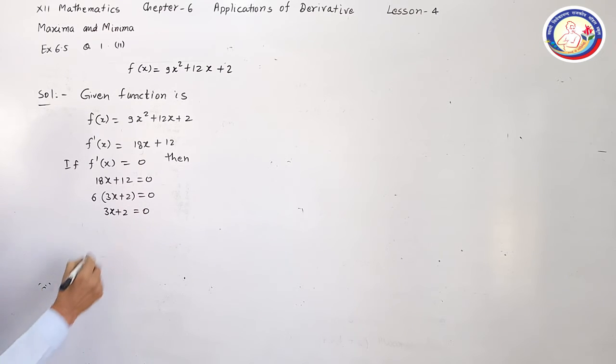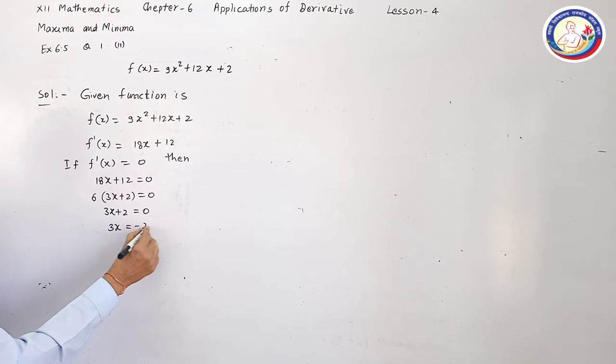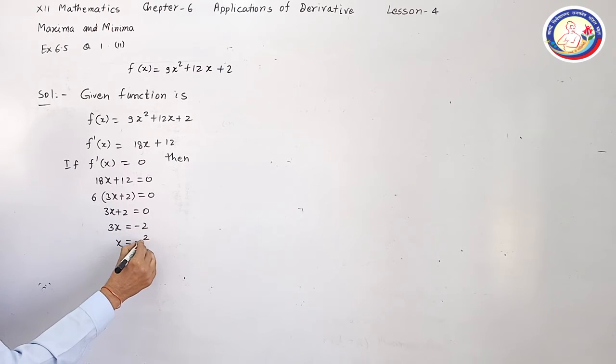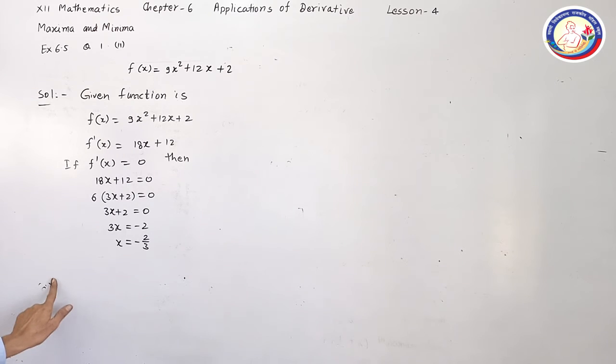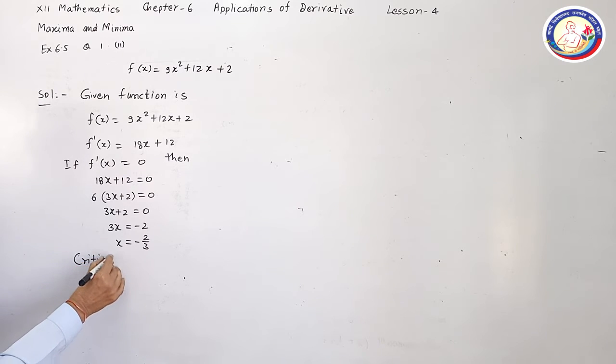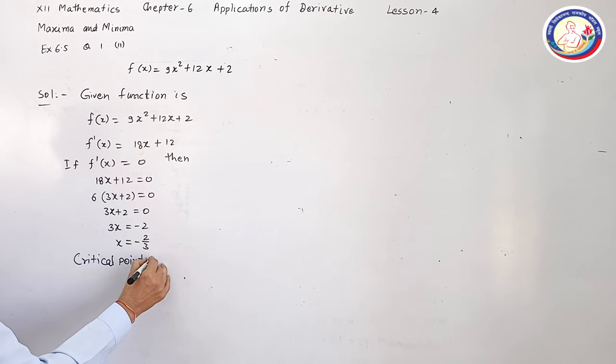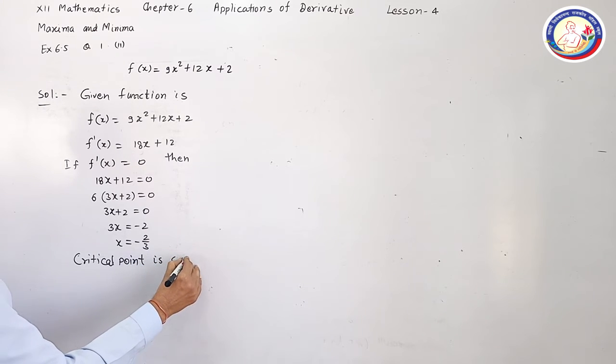This will give the value of x as this, x equal to minus 2 by 3. So here we are having only one critical point, c equal to minus 2 by 3.